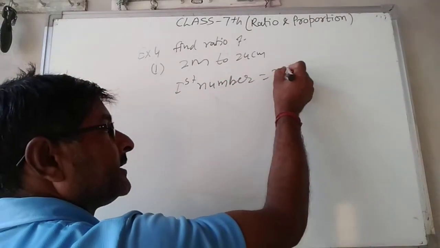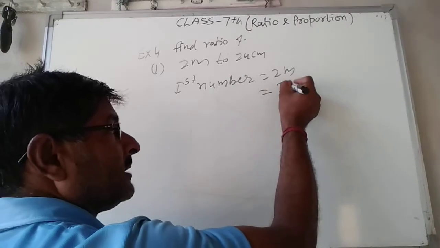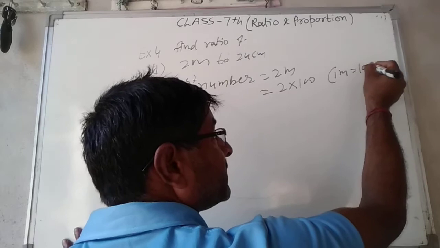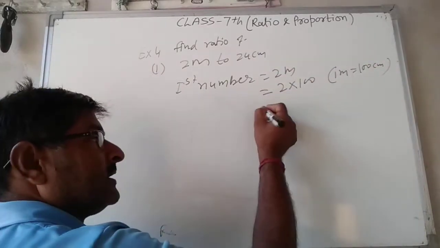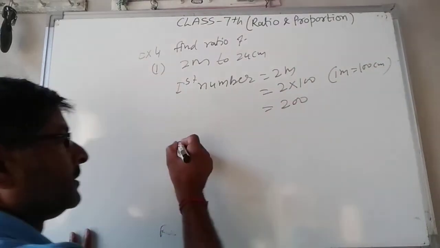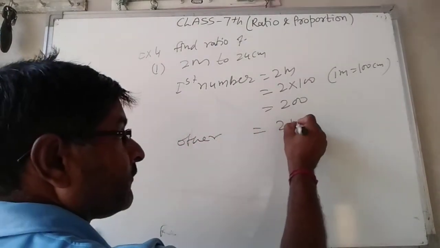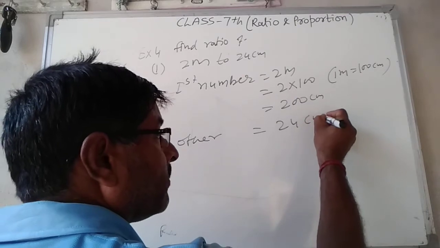First number is equal to 2 meter, which is equal to 2 multiply 100. You know 1 meter is equal to 100 centimeter. So multiplied by 100 it is equal to 200. The other is equal to 24 centimeter. So now both have the same unit.